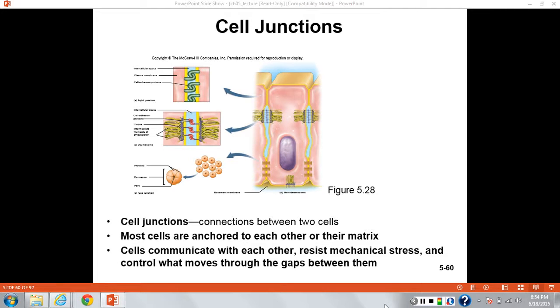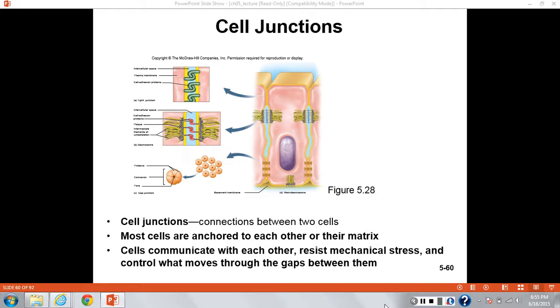Alright, cell junction. You got three types: gap junction, tight junction, and desmosome. Keep this in mind, because I just covered this last night in Anatomy 2, and I think chapter 19. So they was talking about that, about the heart. But tight junction is a tight seal where nothing can leak through.